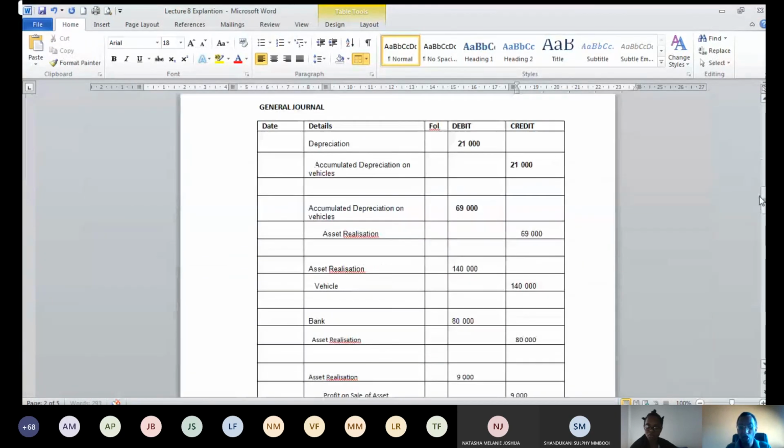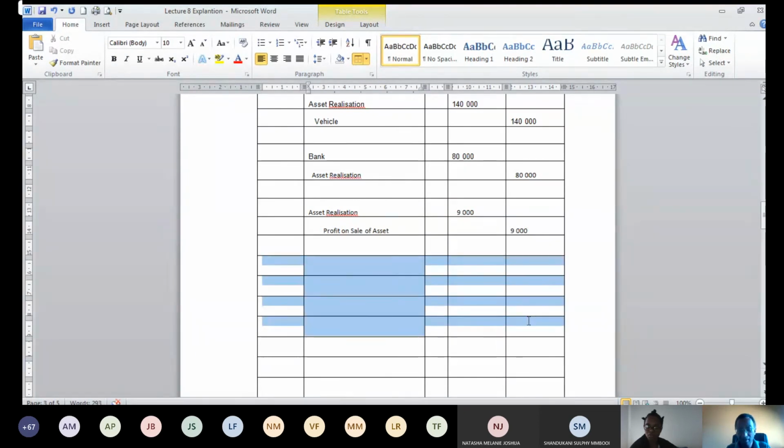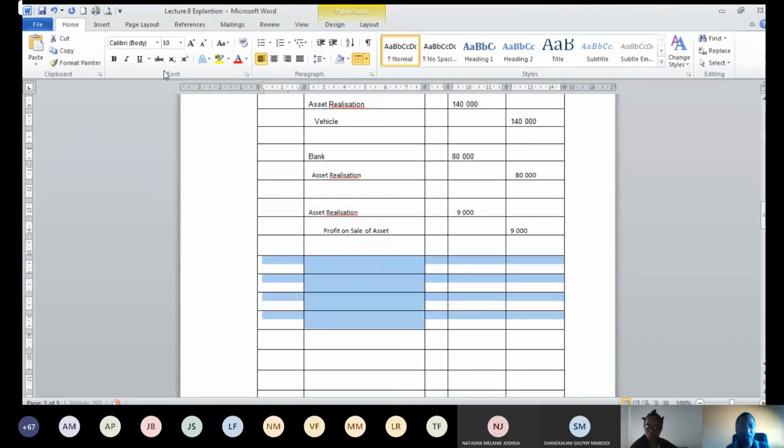I am now going to record my depreciation. And this, remember now, guys, is at the end of the financial year. At the end of the financial year, I am now going to record the depreciation in the books of the business.